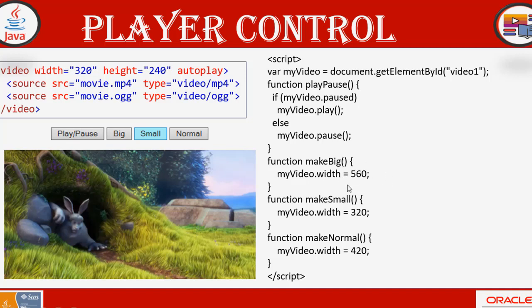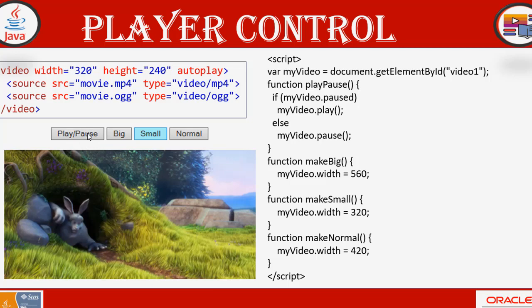So you can change the size of the player, make it small, make it normal. This is the script you can use in your video, and that video will have its own respective controls. So this is the player control implementation.